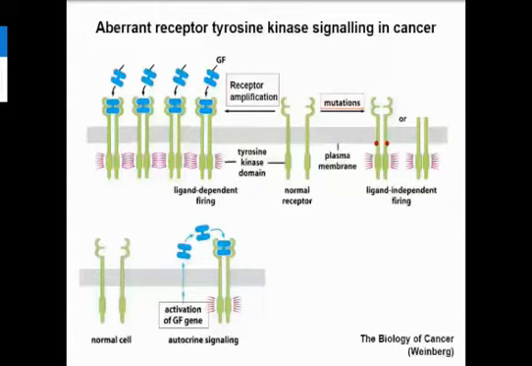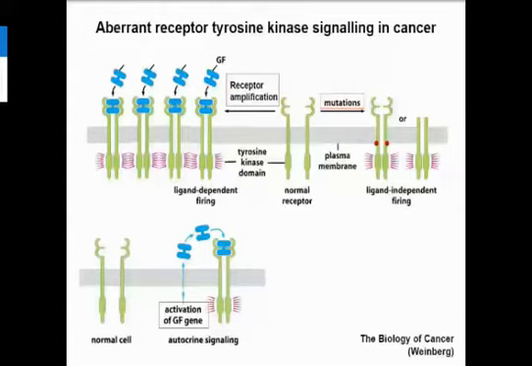And then finally, we can have a scenario where a cell aberrantly starts to produce a growth factor for a receptor that it actually expresses. So in a normal case, cells have growth factor receptors, so these receptor tyrosine kinases, and they may also produce growth factors, but they don't produce the growth factor for one of their own growth factor receptors, because that would cause uncontrolled growth.